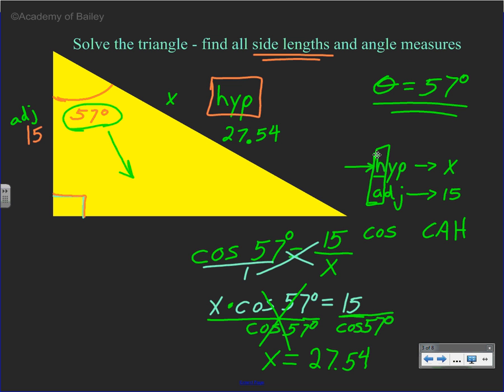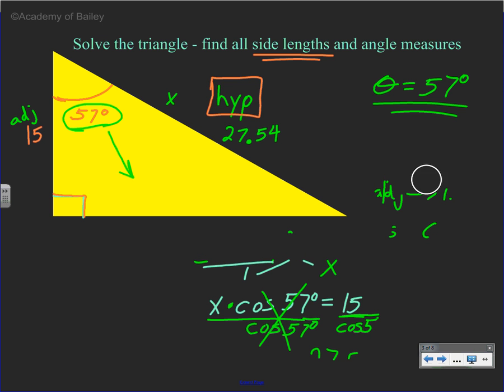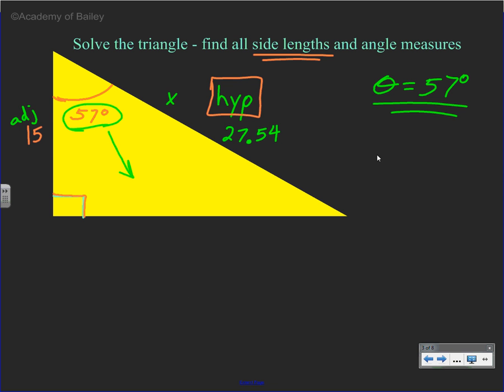Okay, I'm going to erase the work here. I'm going to erase everything that we have. So let's look at now, we have to calculate for the opposite side, and we labeled that as y.